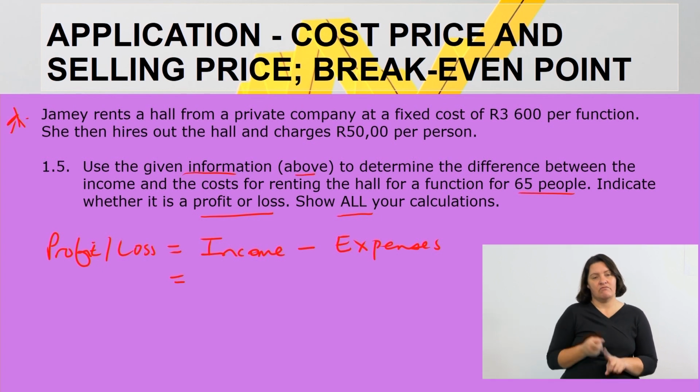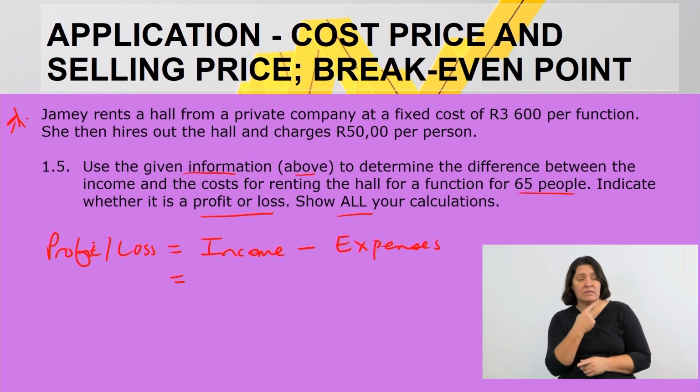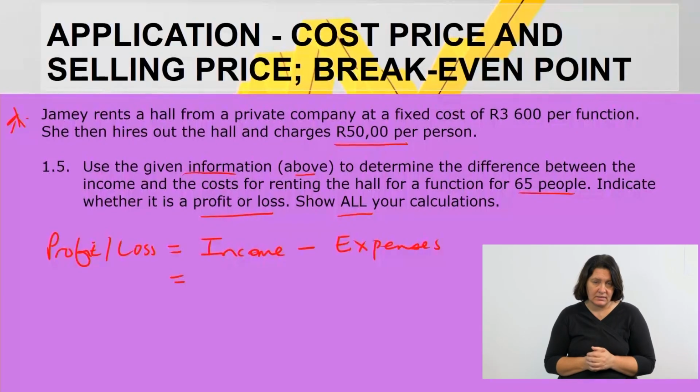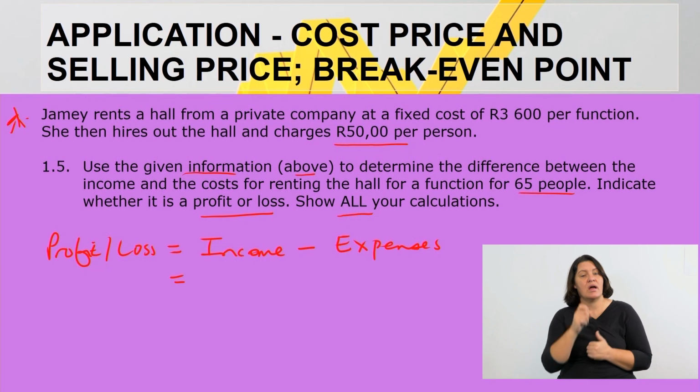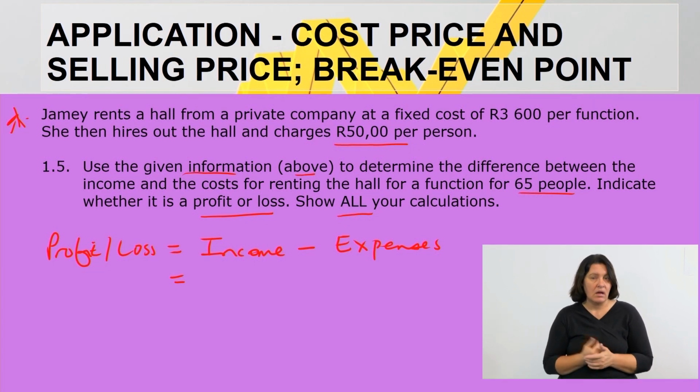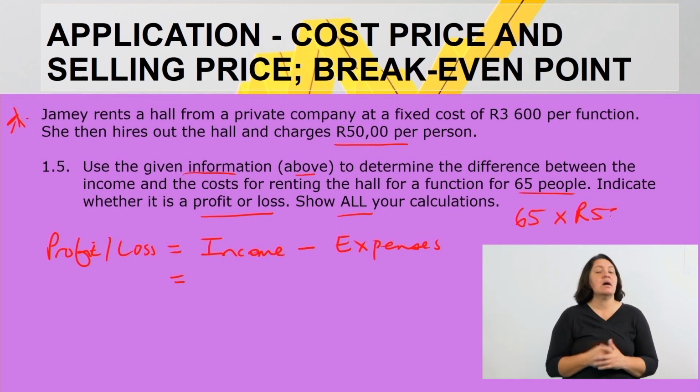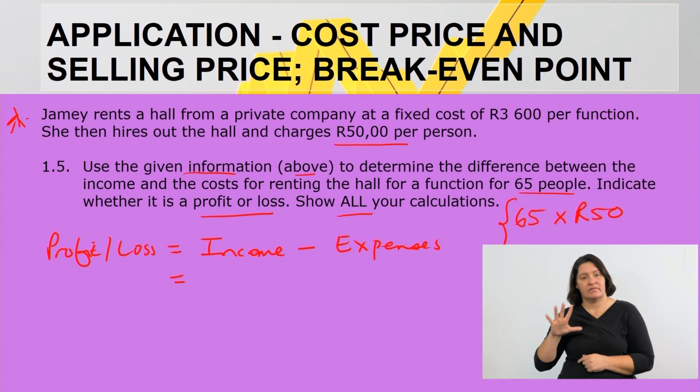Remember, we are saying the fixed cost is the same irrespective of the number of people. And we also indicated she charges 50 rand per person. Now we are looking at 65 people. So I'm going to do it here so you can see. I'm going to say the 65 people multiplied by the cost of 50 rand.